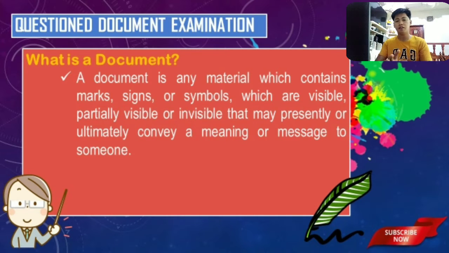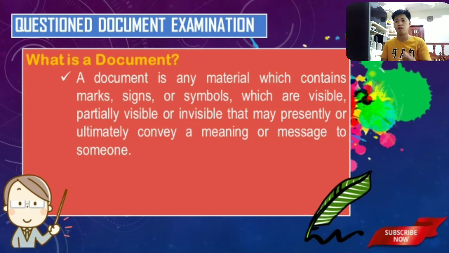And lastly, I think that this is the most important one, is that it must have a meaning. Not necessarily to every person who will read it. That is not its qualification. As long as it has a meaning to somebody, the one who is the recipient of the document.